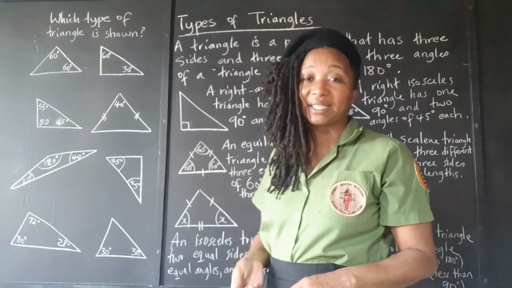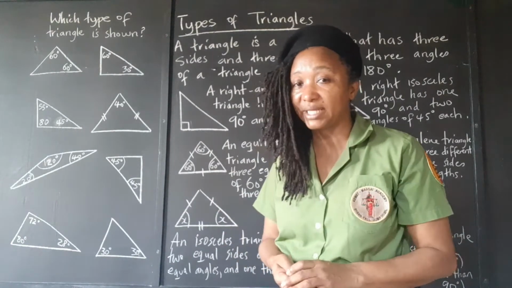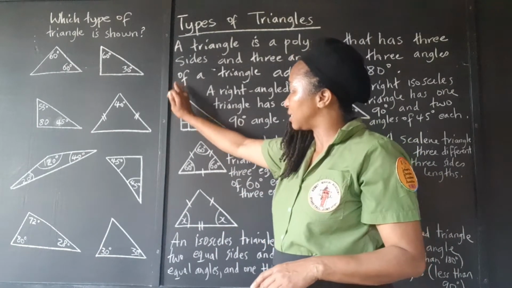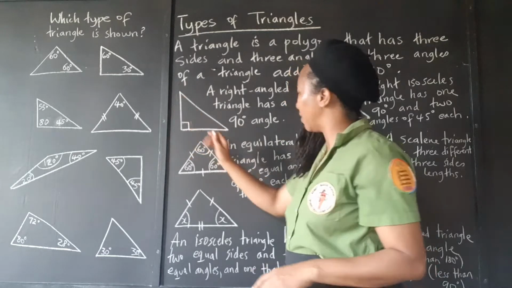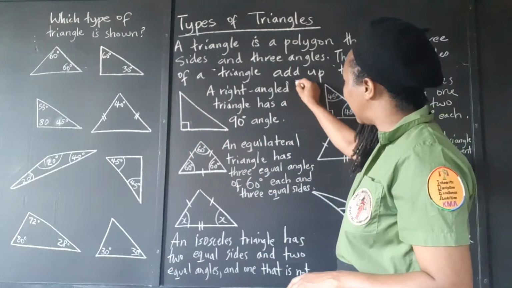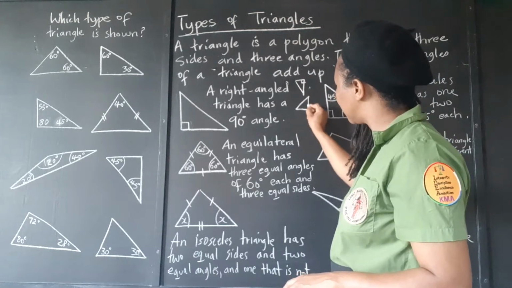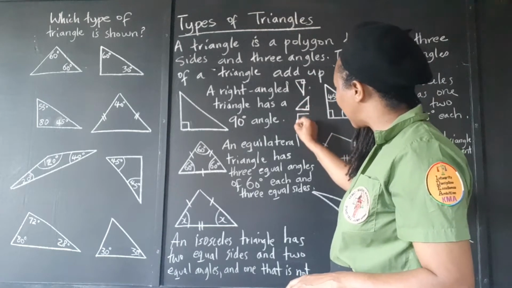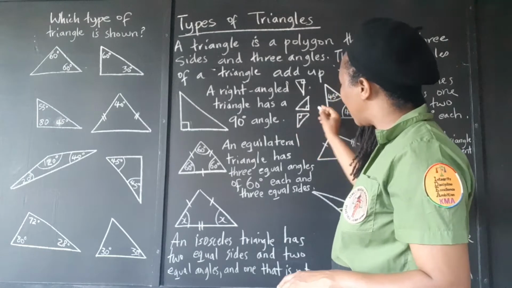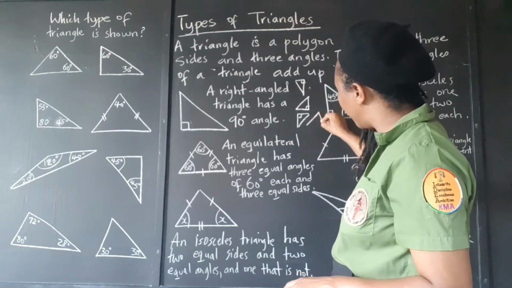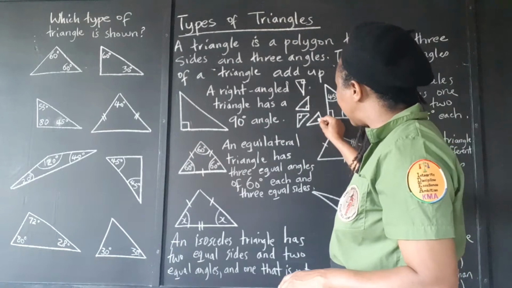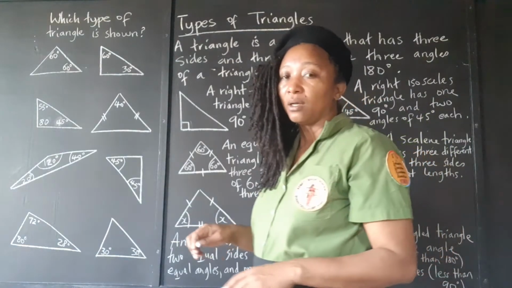It does not matter the orientation. By orientation, I mean the triangle doesn't have to be turning this way, right? We could have it looking like that, or twisted all over the place, as long as it maintains the right angle.